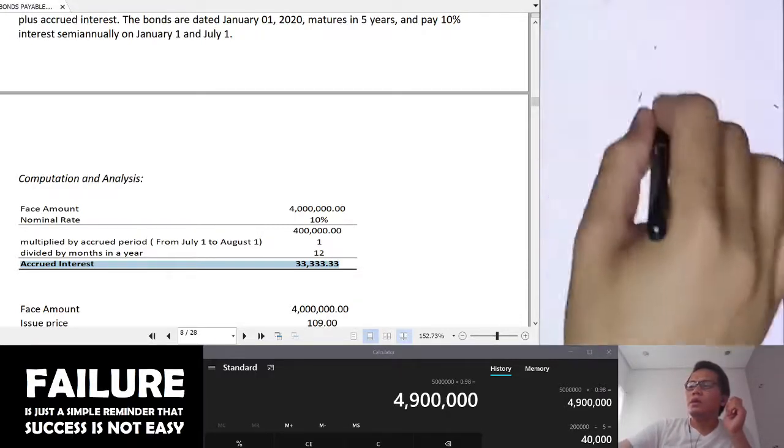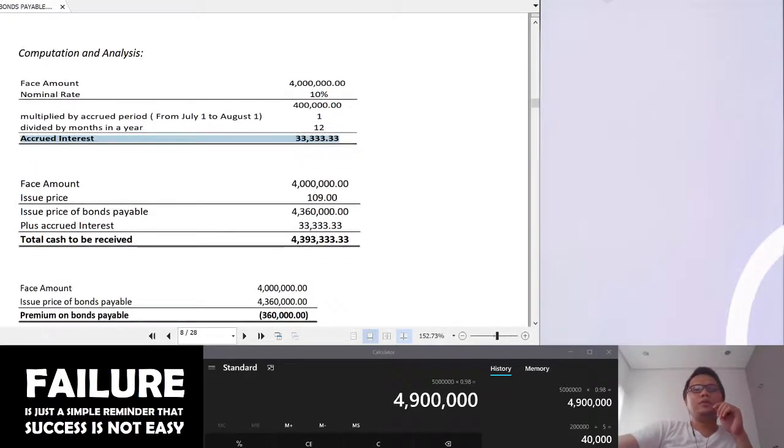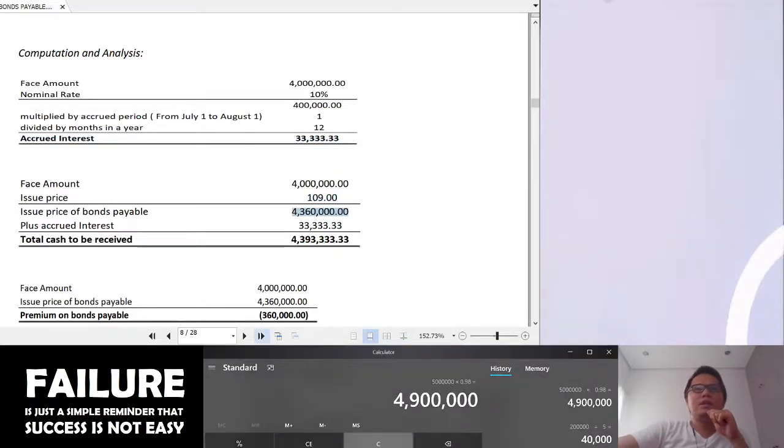Now, to compute for the total cash to be received, again, that is equivalent to your issue price plus accrued interest. So, 4 million times 109%, so that is 4,360,000.